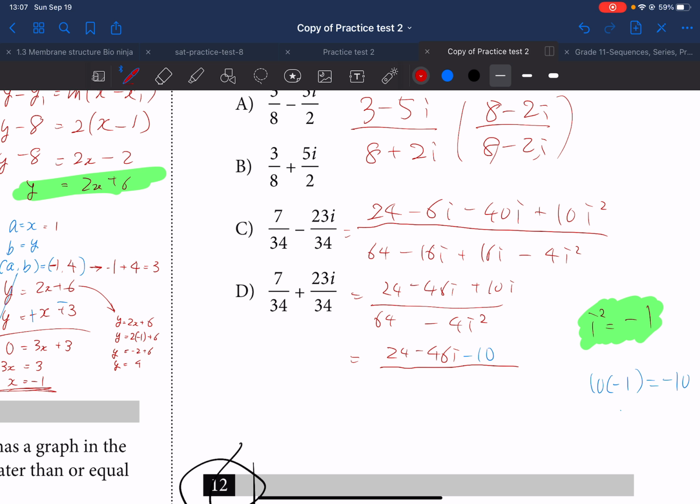And on the bottom, negative 4 times negative 1 is positive 4, right? So 64 plus 4. So yes, like this.